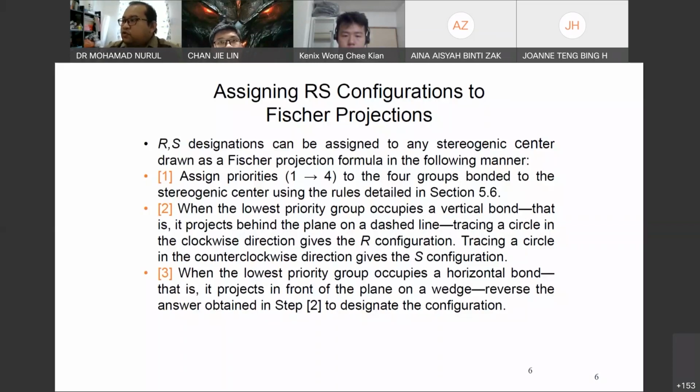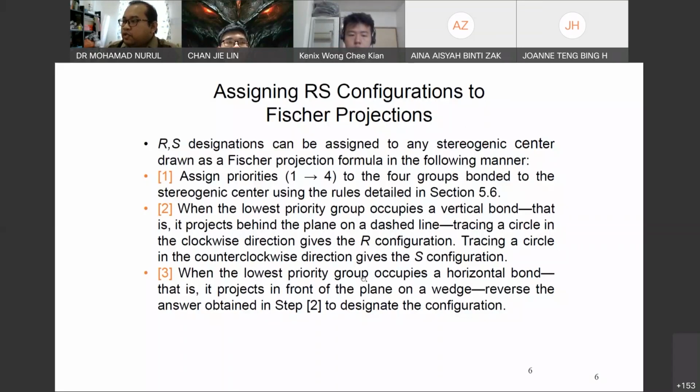When the lowest priority group occupies the vertical bonds, that is, it projects behind the plane on the dash line, tracing a circle in the clockwise direction gives you the R configuration. Meanwhile, tracing the circle in the anti-clockwise direction gives you the S configuration, similar to section 5.6.